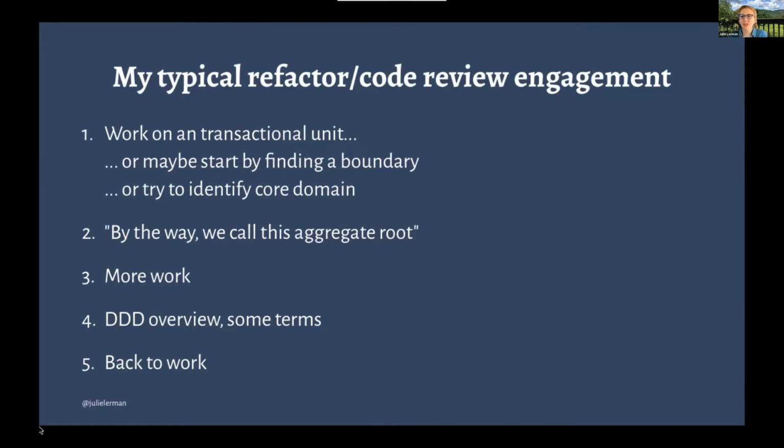So for example, this is not, we're learning domain-driven design. This is, we're looking at your business problem and trying to create software solutions, right? So we're trying to understand the business problem. So one thing I would do, for example, would be work on something that's a really obvious transactional unit that people in the room generally agree on, right?